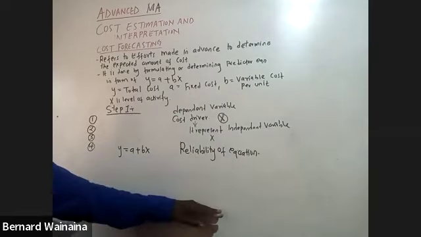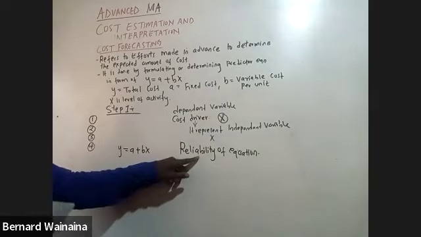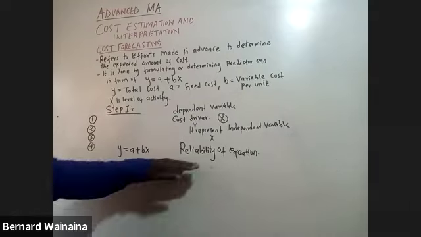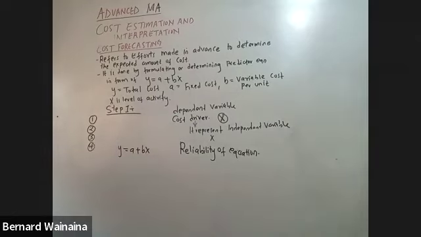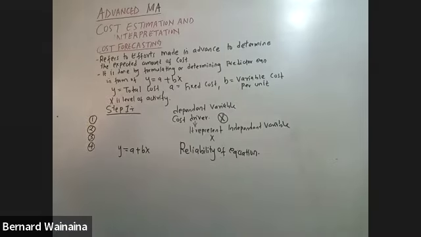Within the process, you might end up seeing some factors which might make the relationship not reliable. So we need to test the equation to know if we can rely on such kind of equation. That is what we call the reliability test.